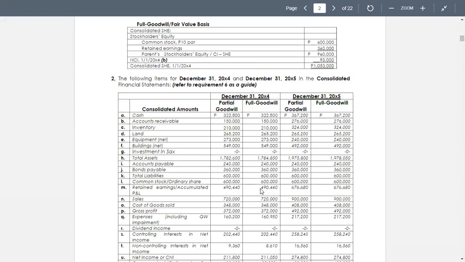Then we add 198,000. 198,000 is the sum of 192,000 and 6,000. So all in all, you get the balance of the building equal to 549,000.